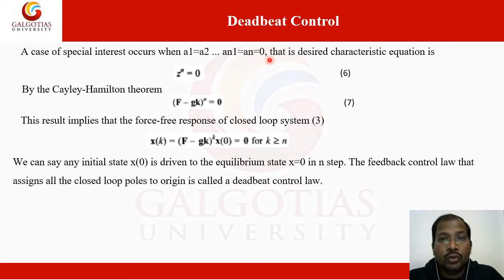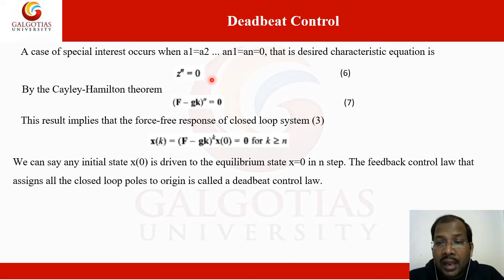The desired characteristic equation is z^n = 0, so the controller is completely dead. When all the desired poles lie at the origin, z^n = 0 and all the coefficients become 0.